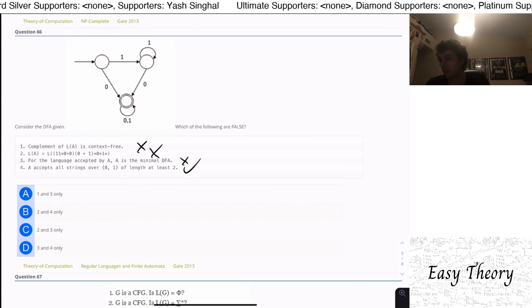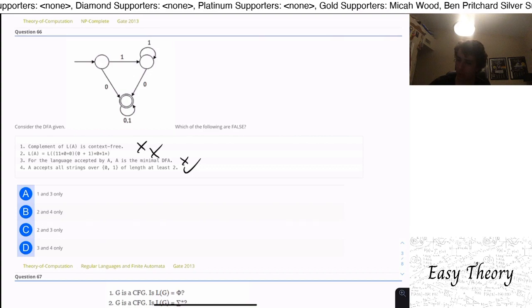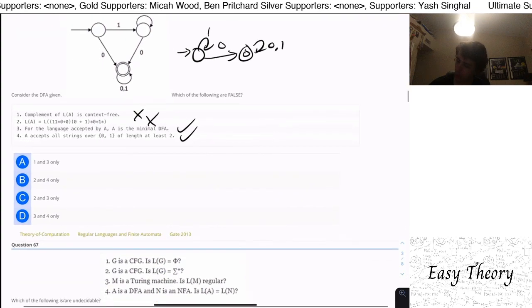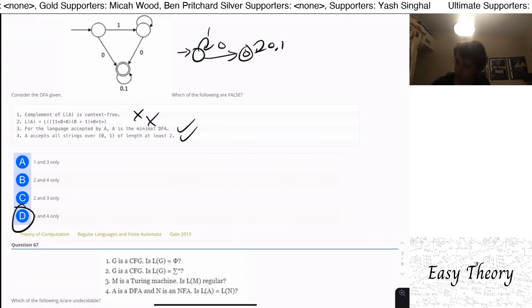Let's see. Oh yeah, okay. I was thinking way too hard. So you can take one or more transitions here. So in fact, we can minimize this. That was my mistake. So that should be true also, because we can make an NFA, I mean a DFA, that looks like this. So it is 3 and 4.